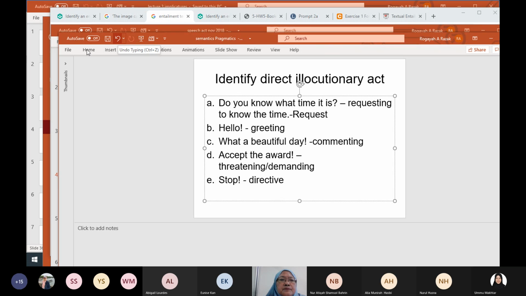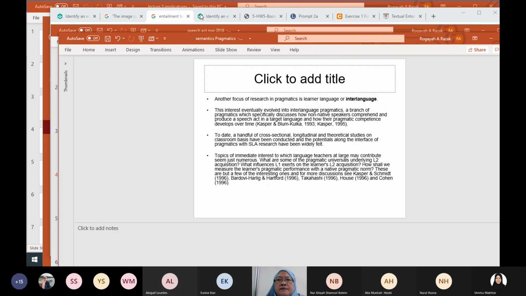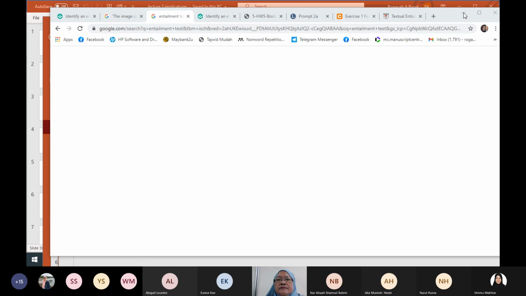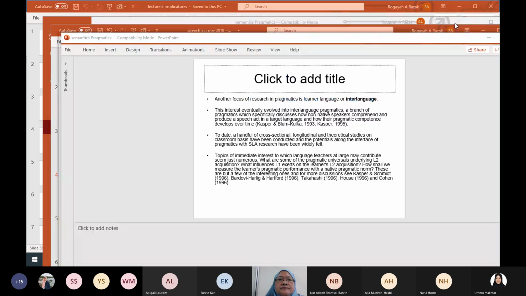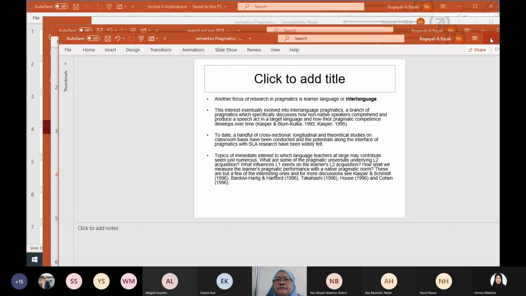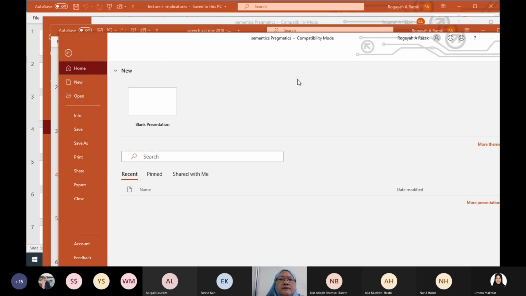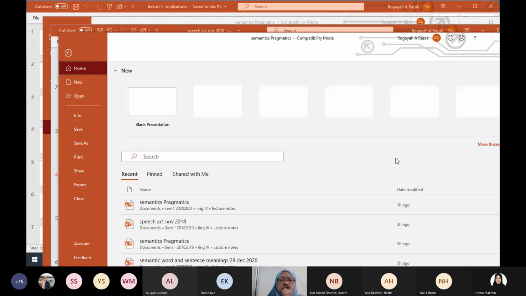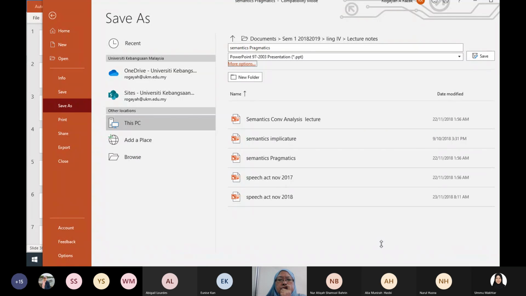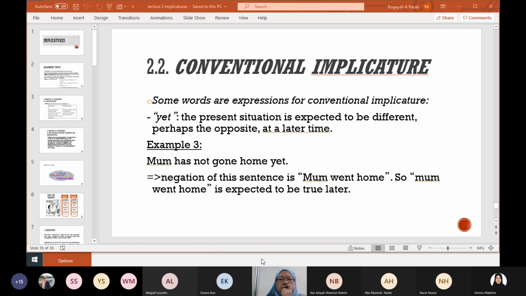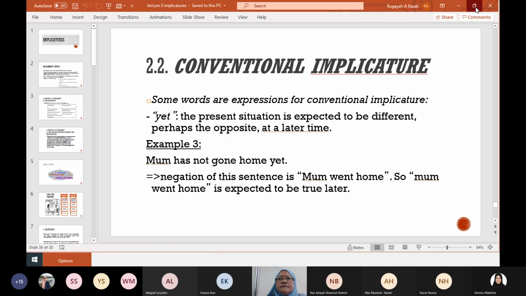You want to start reading in your textbook, Pragmatics. Trying to find where is my Microsoft Teams. Oh no, look. I just close it. Okay. Maybe I kecilkan.